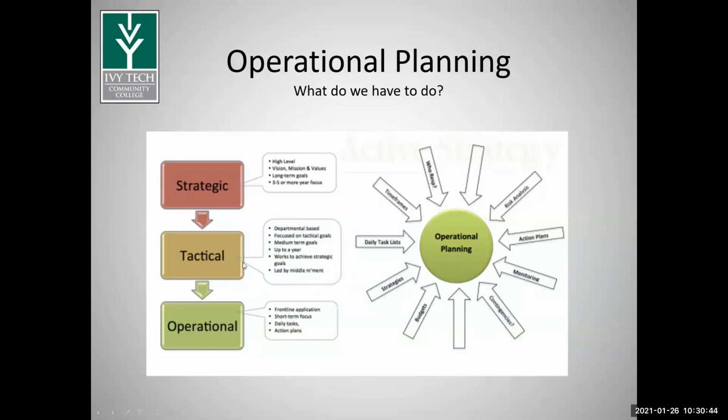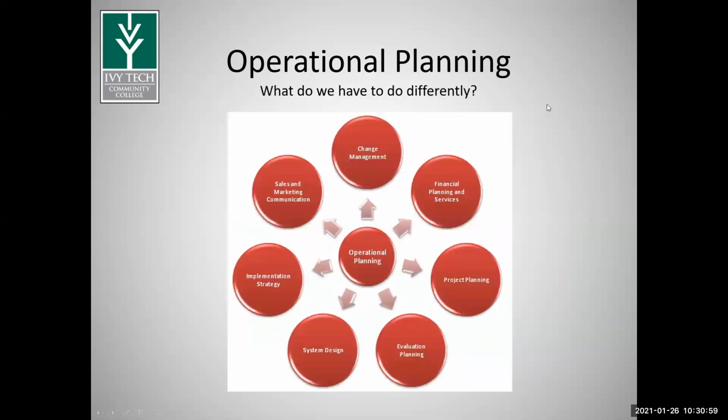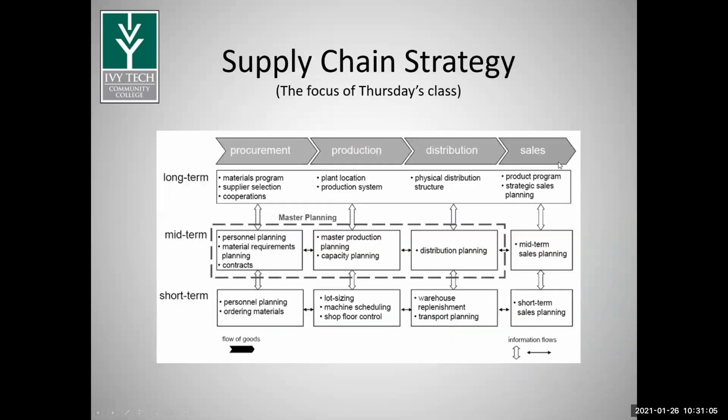What are the important tactics? We're going to get real granular with our goals, because in operational planning we ask: what do we measure day in and day out? How do we know what our progress is? How do we implement the initiatives? What do we have to do differently? That's really the operational part of the plan.